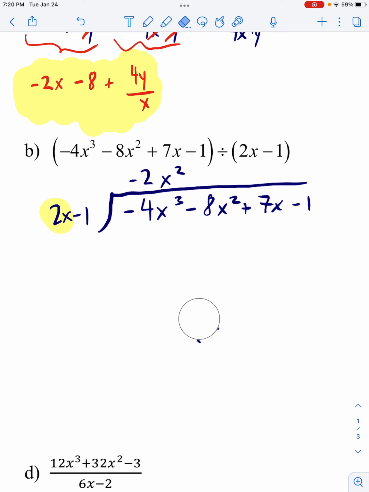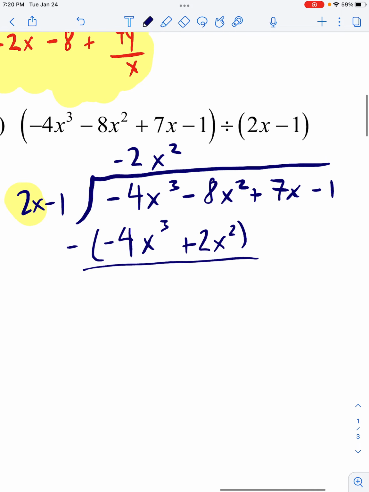What's my next step in my algorithm? I take this number and I distribute it among the terms in the divisor. So negative 2x squared times 2x is negative 4x cubed. Write that right underneath. Negative 2x squared times minus 1 is plus 2x squared. And I'm going to subtract those two terms from the numbers right above it.